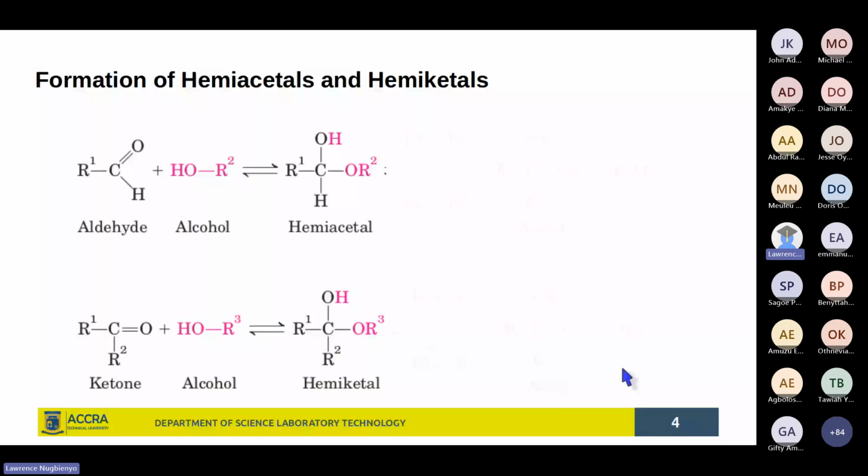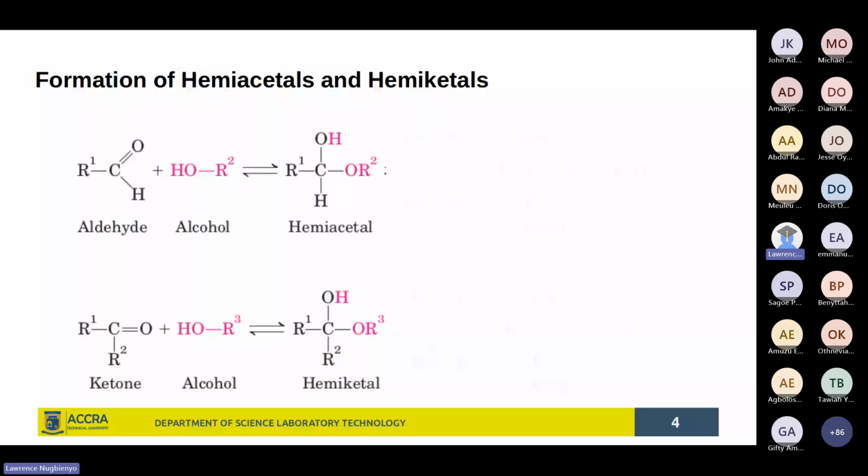So this is the type of reaction that we are referring to, the formation of hemiacetals and hemiketals, which can occur intramolecular, that is within the molecule itself. It isn't that a monosaccharide is reacting with an alcohol, or say you have two molecules that are reacting together.